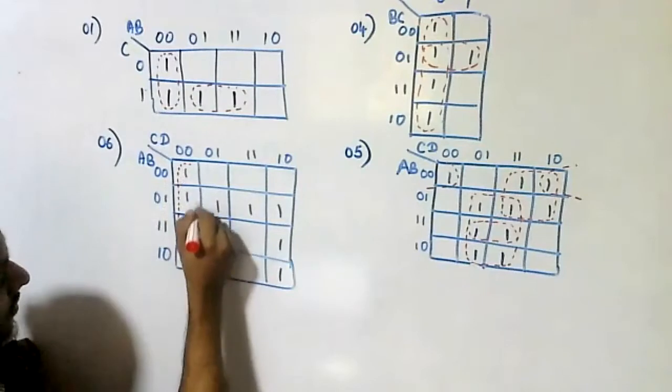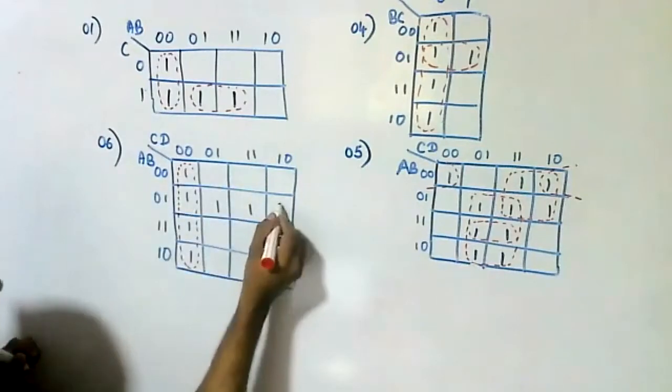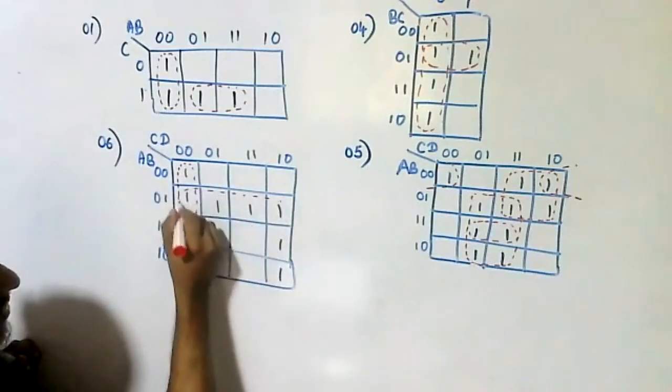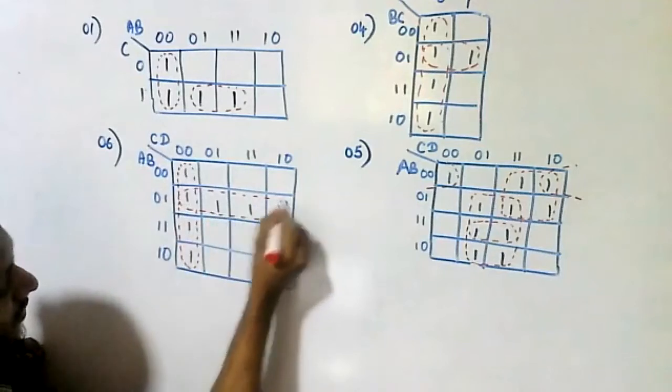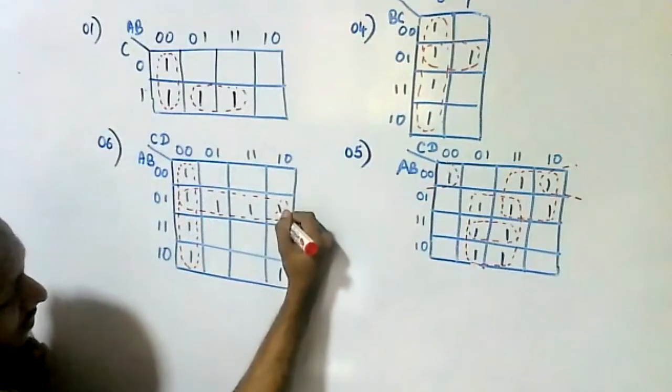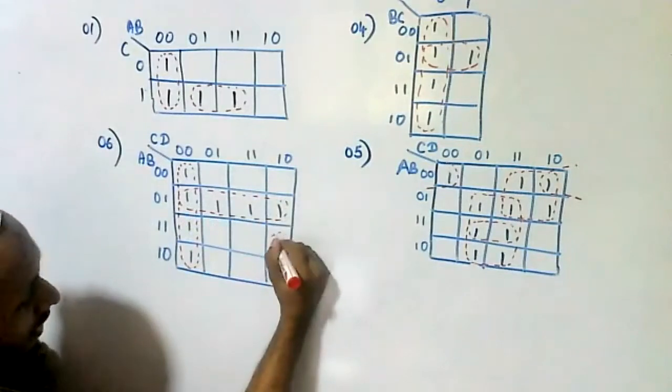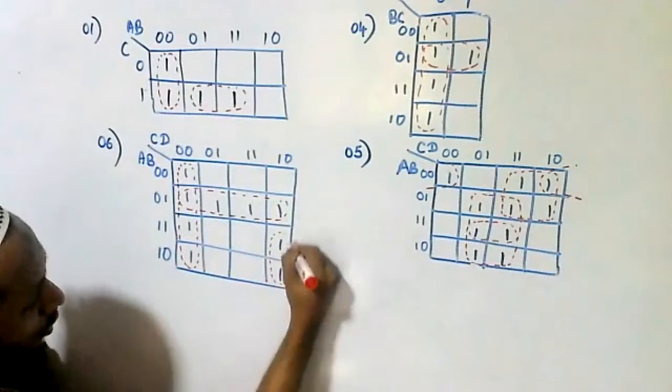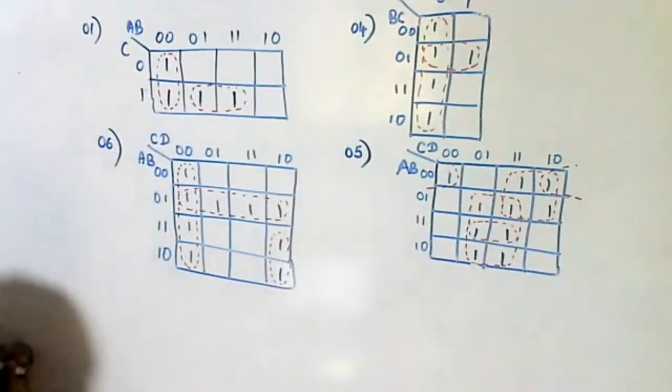Here 4 ones, and here also 4 ones, the maximum number of ones. And here there is no need, that means take this. Okay, we can group these 2.